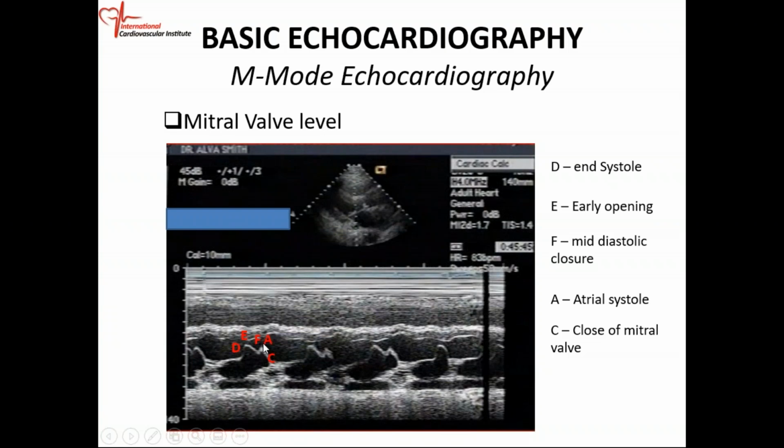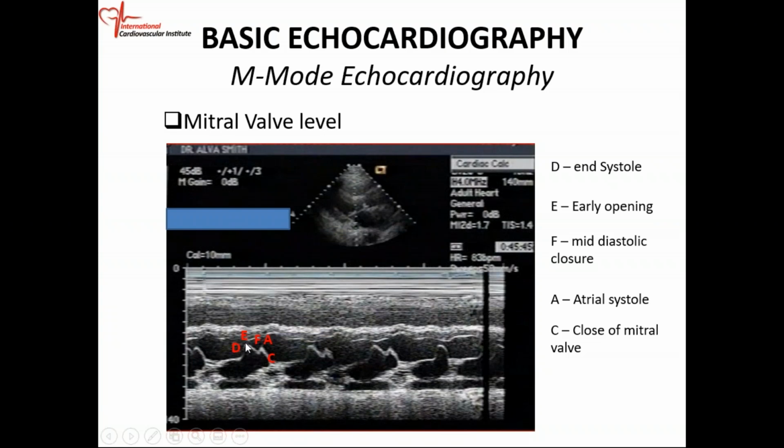When the atrium contracts, you get the A point. And your C point is closure of the mitral valve. You can just figure out what's going on, because the mitral valve opens in diastole and closes in systole.